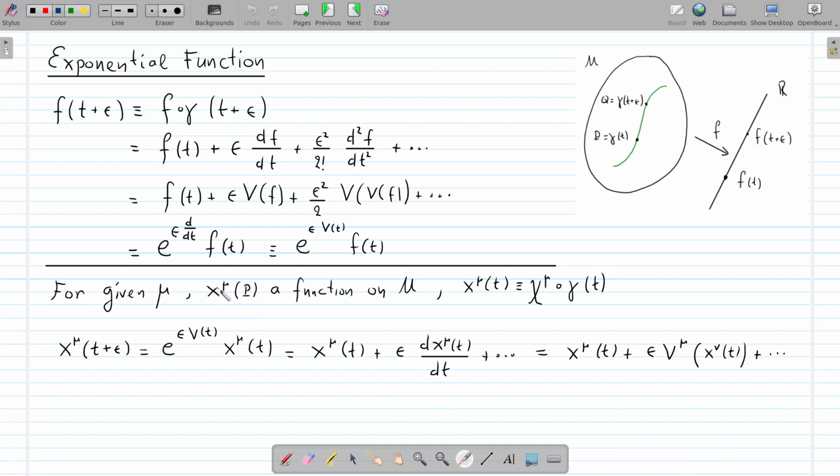So, if we consider the coordinates of the points along the curve, x mu at the point t plus epsilon, that means x mu at the point q, can also be expanded in a similar way. And of course, from here we can read off the fact that dx mu by dt is the component of v in the coordinate basis at the point x nu.